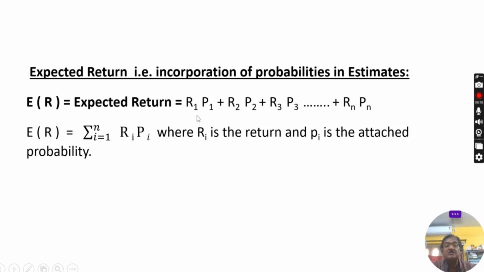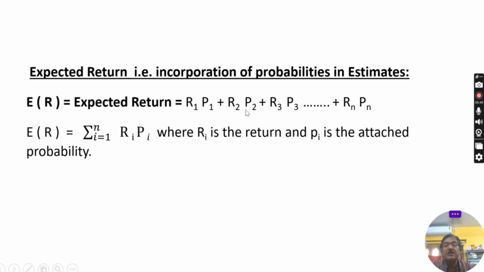That means in this case, along with the return percentage, the probability will be given, or you have to know the probability. P1 is the probability for occurrence of R1 percentage of return, in this way.